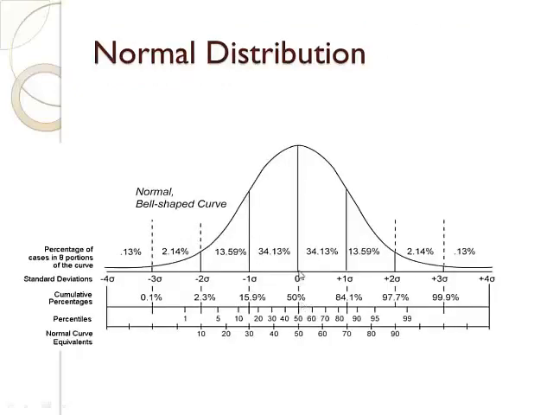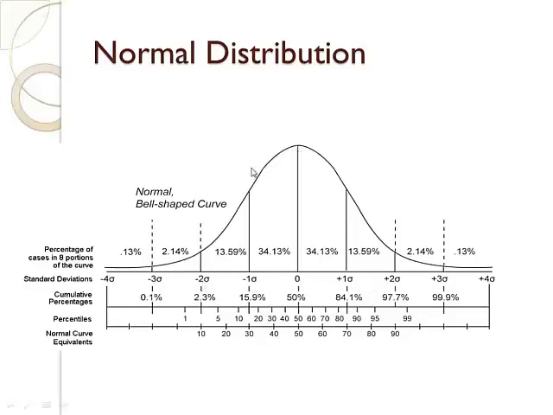So here's that normal bell-shaped curve I was talking about. On this curve we see the mean score would be this line in the middle. And you can see the standard deviations are identified here. 1 standard deviation above the mean, 2 standard deviations above the mean, and so on. And then 1 standard deviation below, 2 standard deviations below the mean.